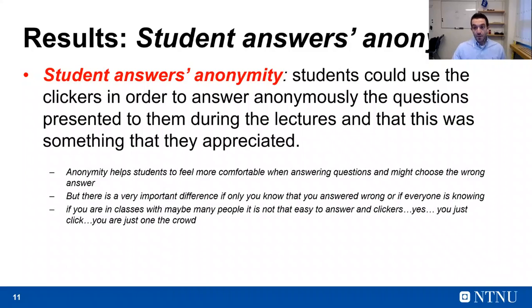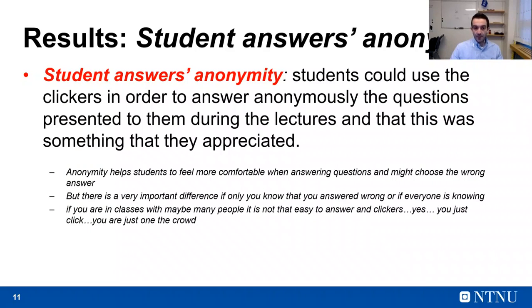The students also appreciated anonymity, because in contrast to other SRS systems, in this case we used an SRS tool that enables anonymity. So the students reply, but their names or nicknames do not show up on the slide.